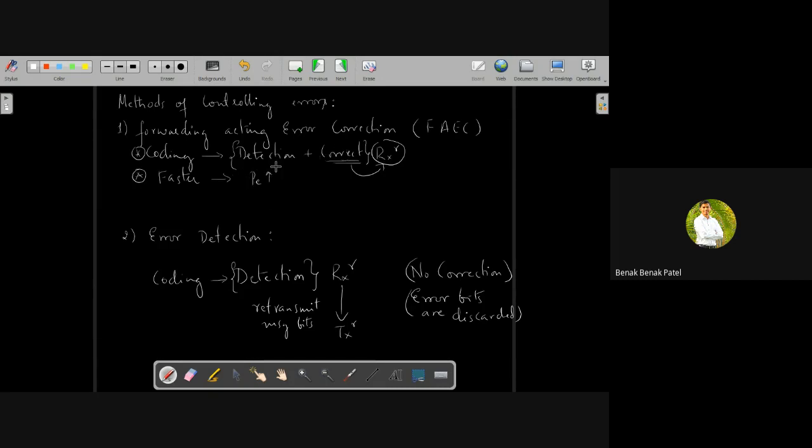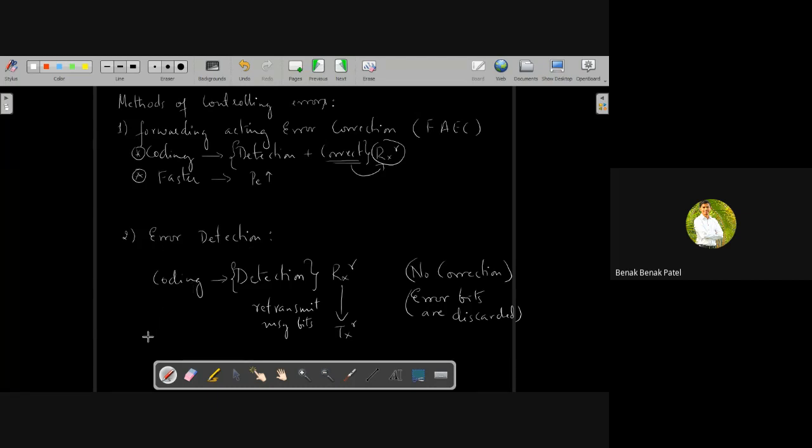So in this case, the probability of error is usually high because in the correction technique, many times it might not work correctly. That makes the probability of error slightly higher than that of the error detection method.